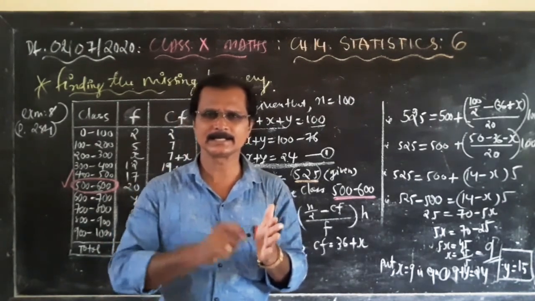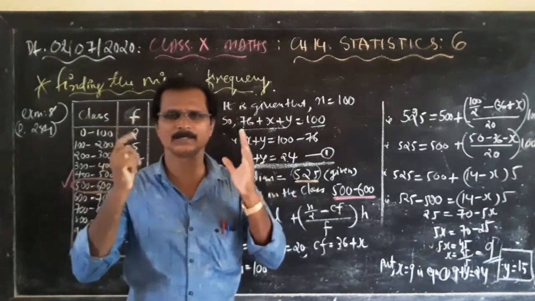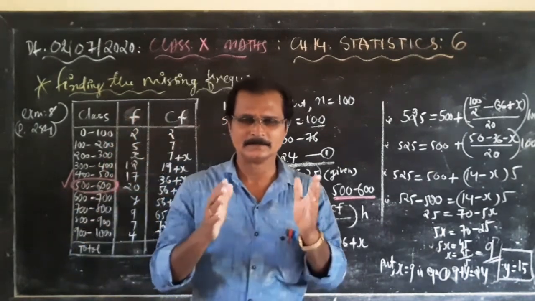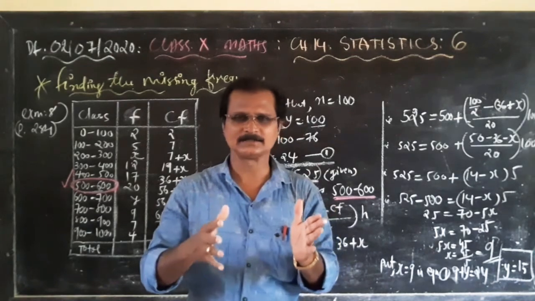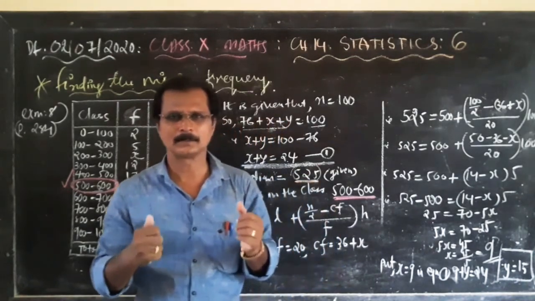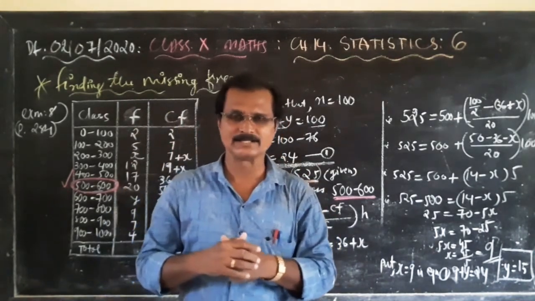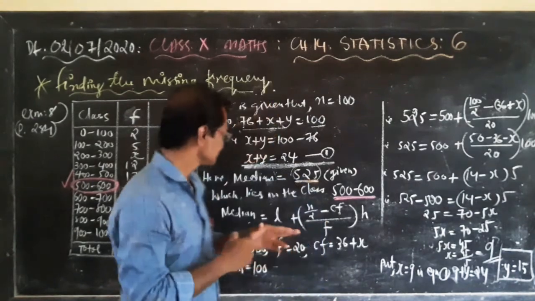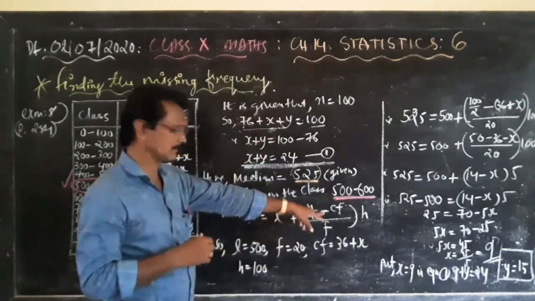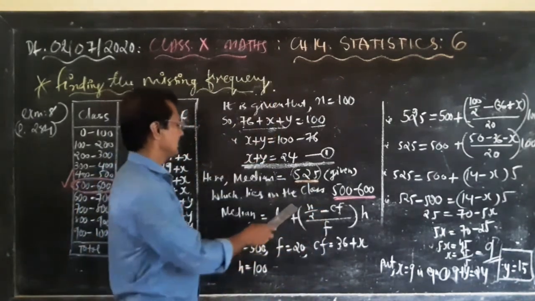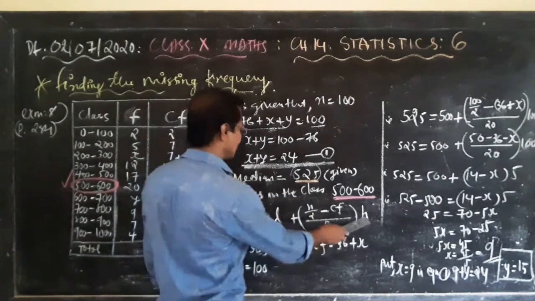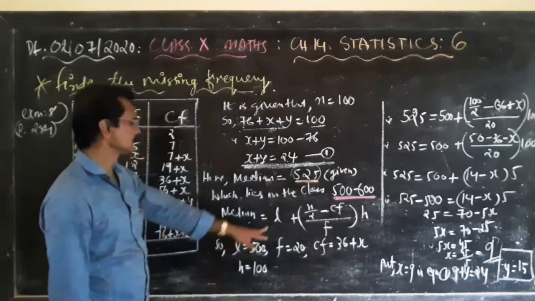Write again and again, so that the formula is saved in our mind. So write L plus n by 2 minus CF upon F into H.